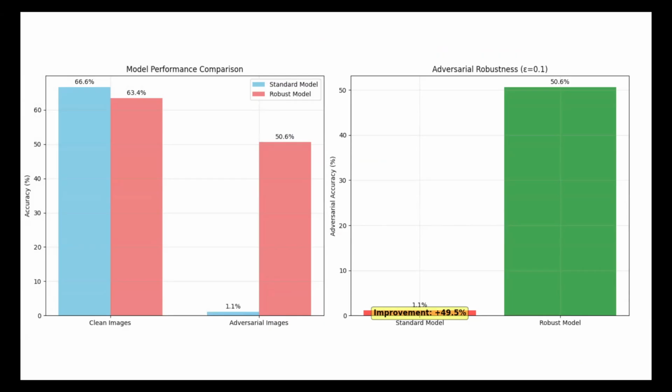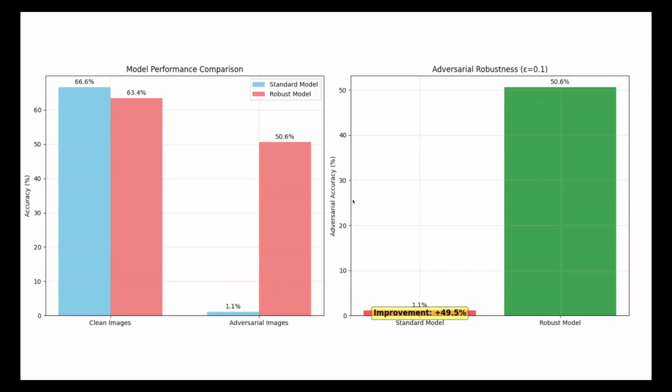This is what we've been talking about this whole time: the difference in model performance between clean images and adversarial images. With clean images, we have good performance from both the standard and the robust model, but the robust model isn't as good as a standard model.